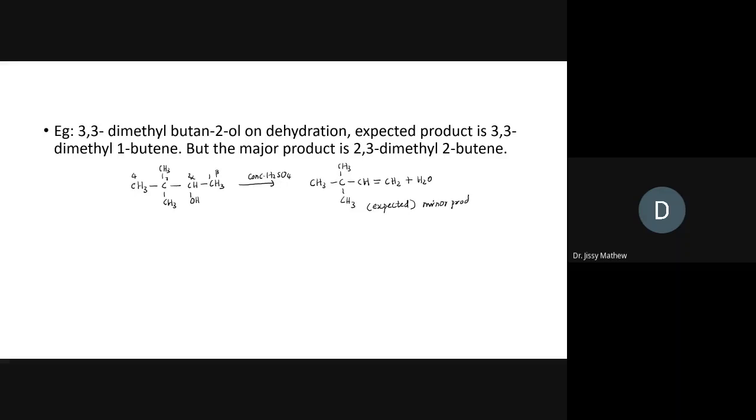The reason is the first step in this reaction, that is ionization of the alcohol, and we get a carbocation intermediate. So let us write the step.